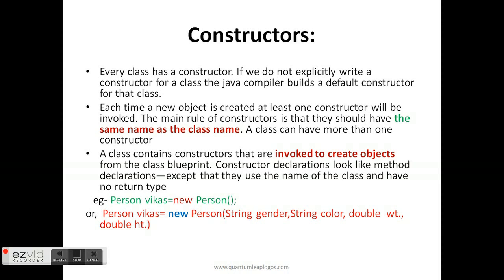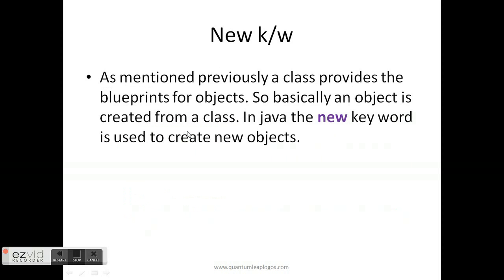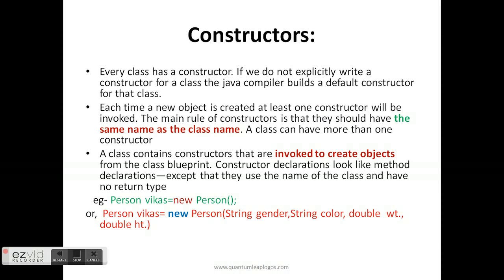But those constructors must have different signatures. A class can have one constructor, two constructors, three constructors, but no two constructors can have the same signature. What does it mean? Signature means, if we are creating a constructor which has no parameters, then it looks like this, with no parameters inside.